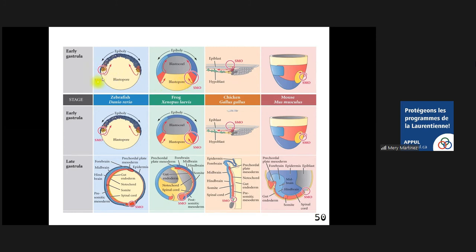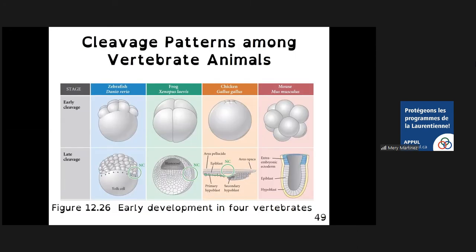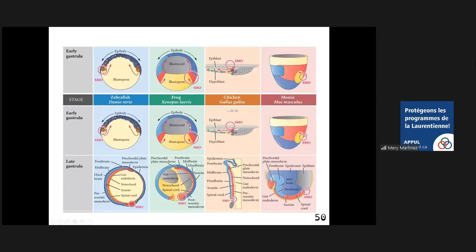Here, that's the dorsal lip, and even in mammals, even though we don't have the structure over here, the nieuwkoop center, we do have this organizer, the Spemann-Mangold organizer.